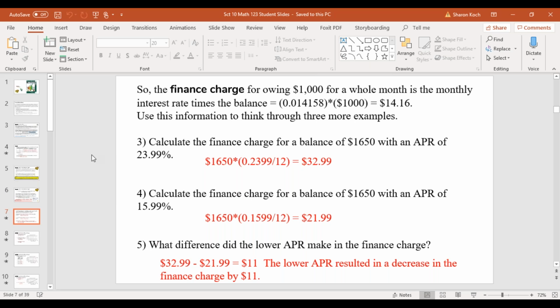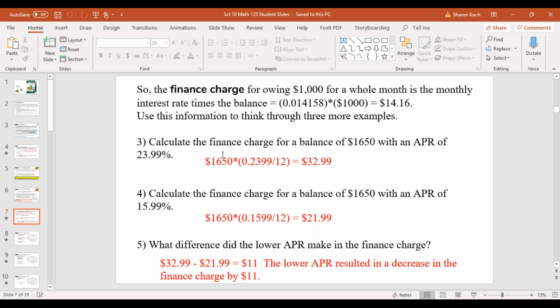Okay, so here we go. So we're going to keep that number in our calculator, which is going to look something like this after we divide it. Then we're going to multiply by that carryover balance, and we found that the monthly interest is $14.16.